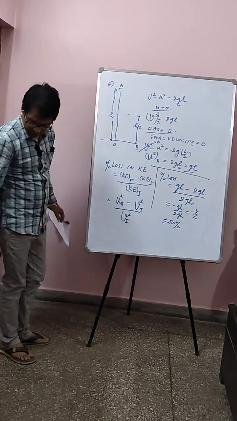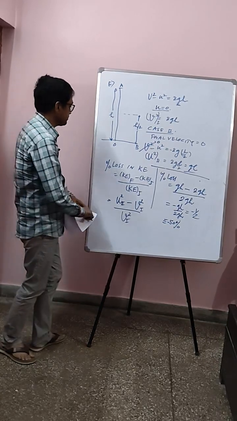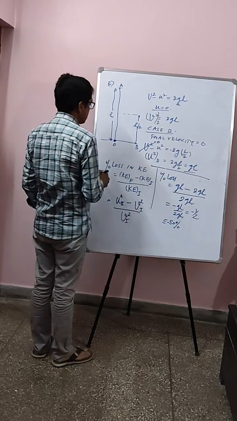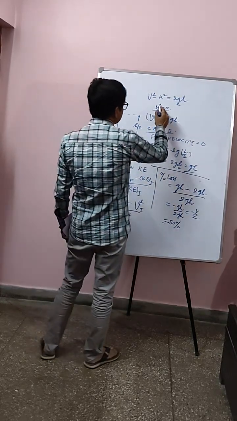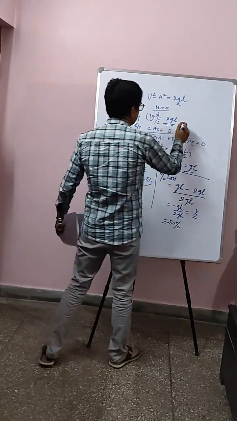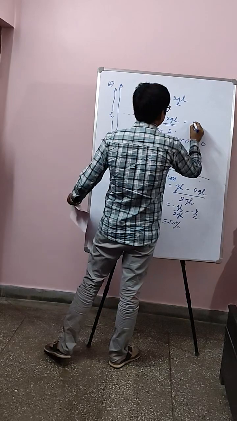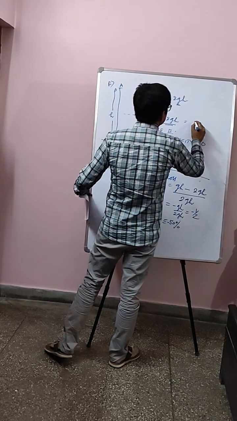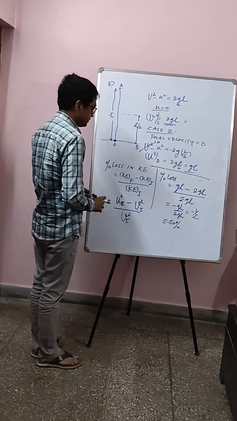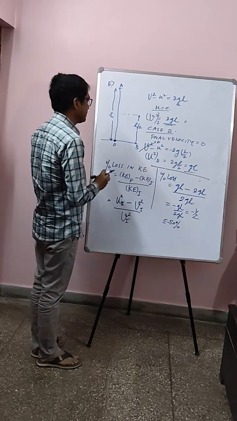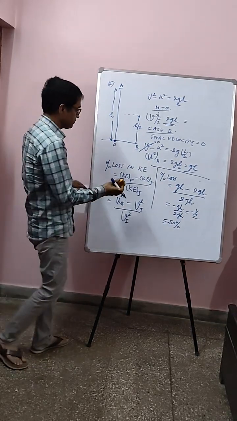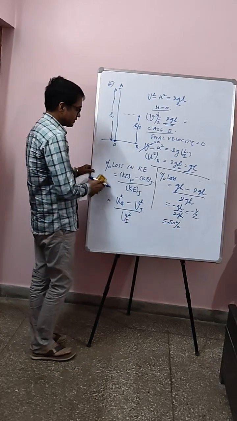The second part of the question is to find the velocity when it hits the ground, in the first case. So in the first case, when it hits the ground, v square equals 2gh. This is the velocity when the particle hits the ground. Let me write it clearly. These things are self-evident.